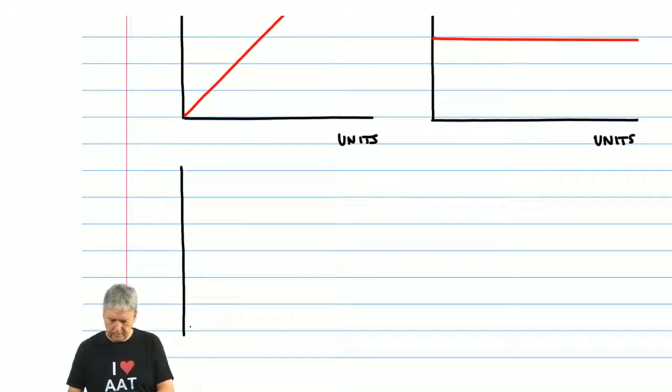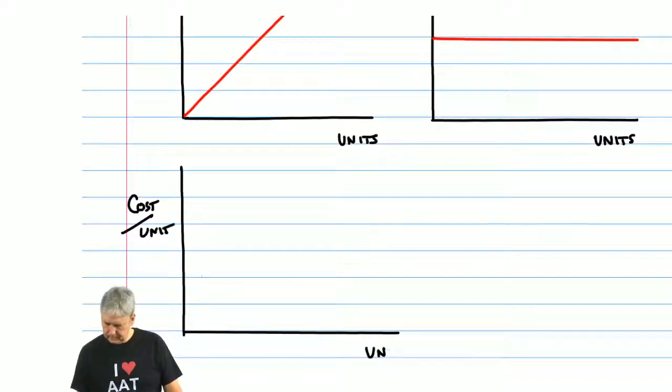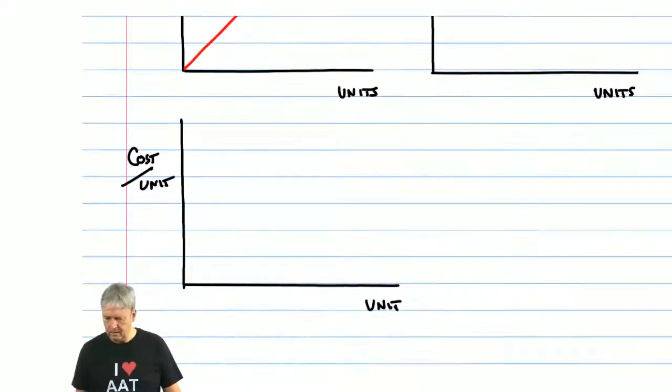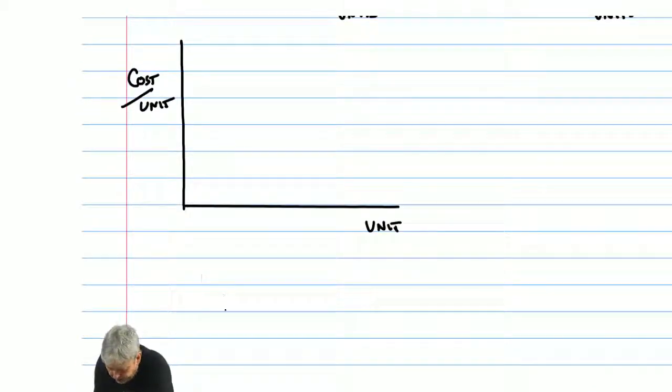And say, well, what could you say about cost per unit in relation to the number of units. Here we go. Are you ready for it? So let's say we've got 100 units. You don't have to get this down.